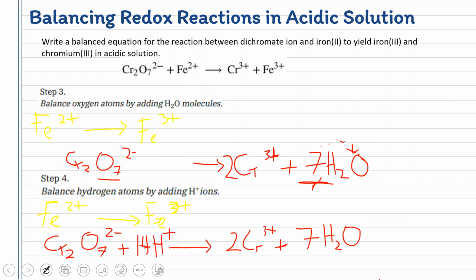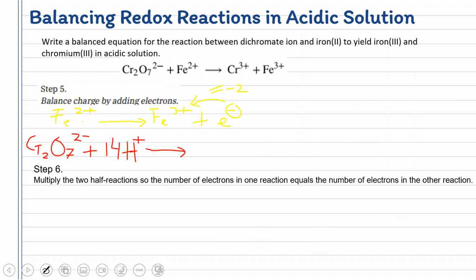And that was giving us what? 2Cr3 plus. So we're just rewriting whatever we had back there.